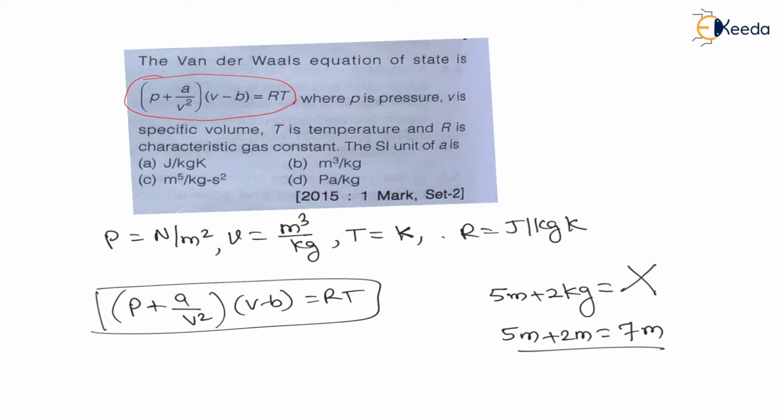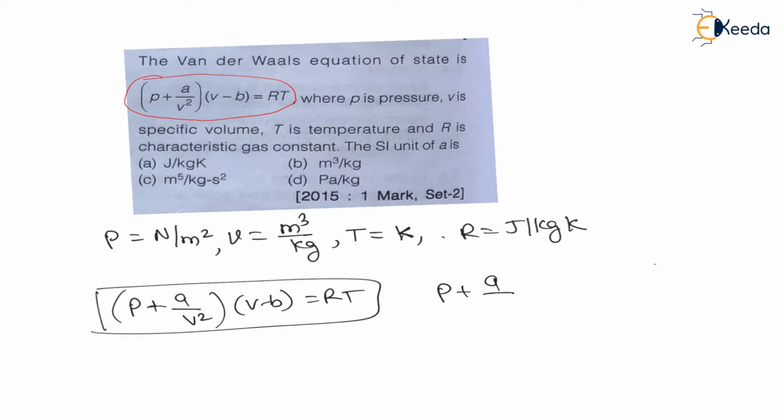Therefore, here there is an addition of pressure with A by V square. Whatever may be the unit of pressure, the same unit must be for A by V square. That is the basic idea we get from this. So, as P plus A by V square is written with pressure in Newton per meter square, this A by V square must also be in Newton per meter square.